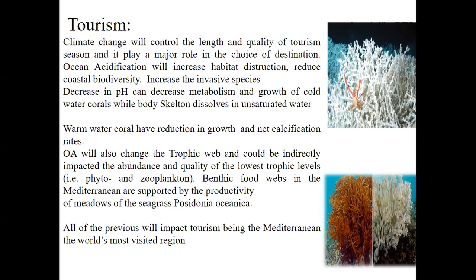Also, a decrease in pH can decrease metabolism and growth of cold water coral, while the skeleton dissolves in undersaturated water. Warm water corals have a reduction in growth and calcification rates. All of these factors will impact tourism activities in the Mediterranean Sea.